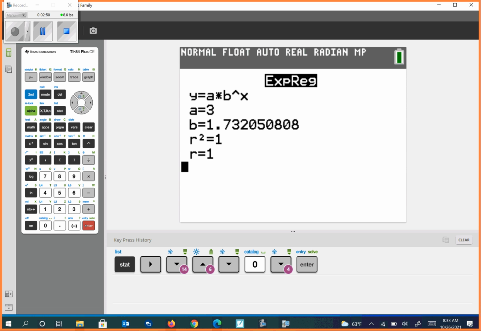You won't have from -1 to +1. I think -1 to +1 only works for linear models. Okay, and again, the r value when it becomes negative just means you have a negative slope.